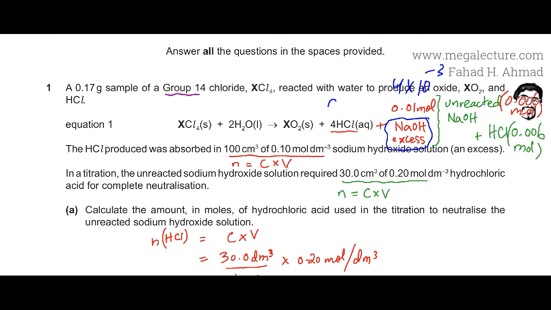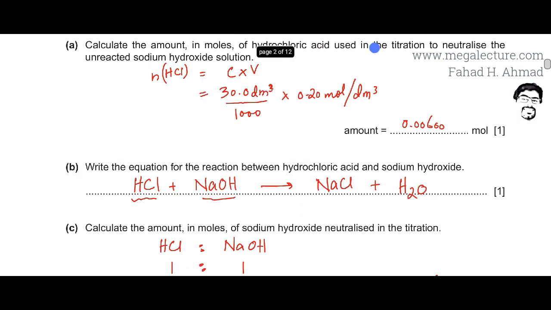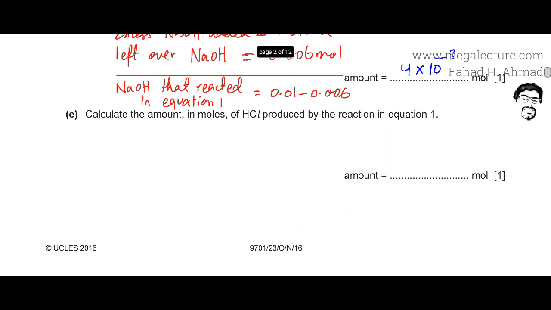Although this is a separate equation, the HCl that is produced in this reaction and the amount of NaOH that's reacting with it are going to be 1:1. So the amount of moles of HCl would be exactly the same. It's going to be 4 times 10 to the power minus 3 moles. So this is what we are going to add over there. That is the amount of HCl that is produced in equation 1.